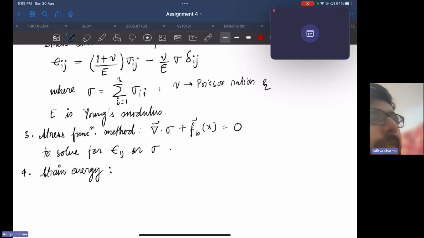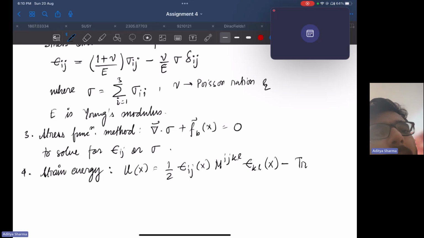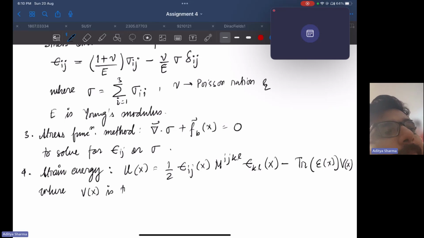which is the elastic energy stored in any material at any point, given as half strain times some matrix which obeys Hooke's law, times strain, minus trace of epsilon times v of x, where v of x is the potential responsible for body forces.